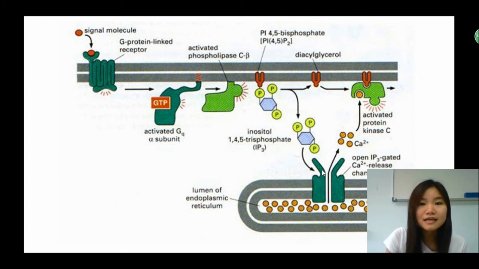This will cause the calcium channel on the endoplasmic reticulum to open, and then the calcium ion will diffuse up into the cytosol. The calcium ion will eventually activate the protein kinase C. The protein kinase C will in turn activate other cytosolic proteins. This will cause a cascade of signal pathways, which will result in the cell's response.